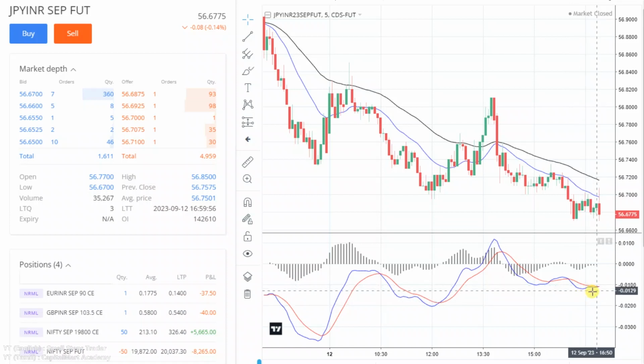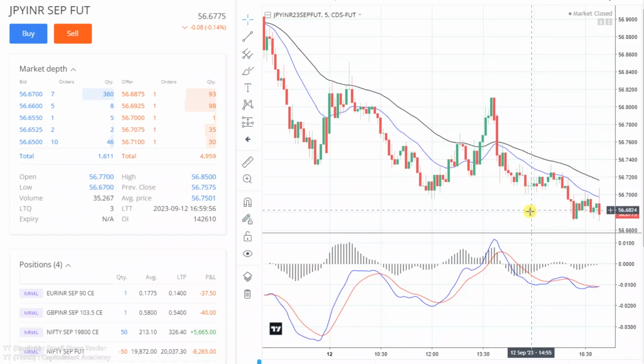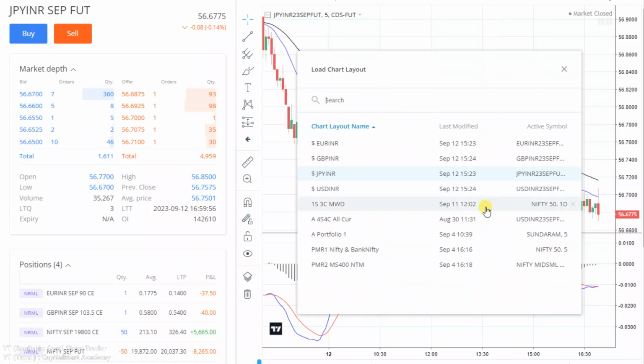So it clearly confirms that it is directionless even on the downside. So don't add any position. Don't take any long until you get confirmation on this. If you are already short, hold it with the stop loss. So we'll see USDINR.